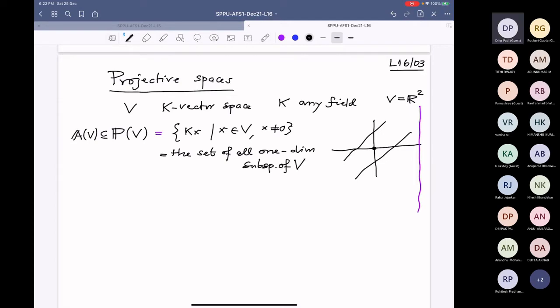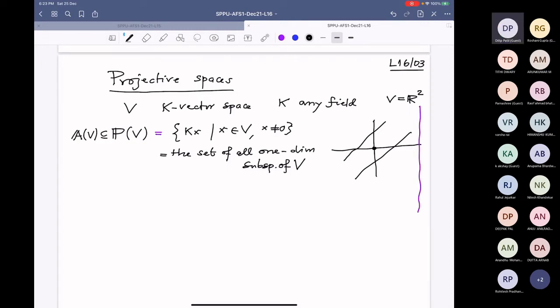They are lines. We are calling them lines. Remember, dimension 1 objects in a vector space are called lines, dimension 2 are called planes, dimension 3, and a hyperplane is one dimension less.